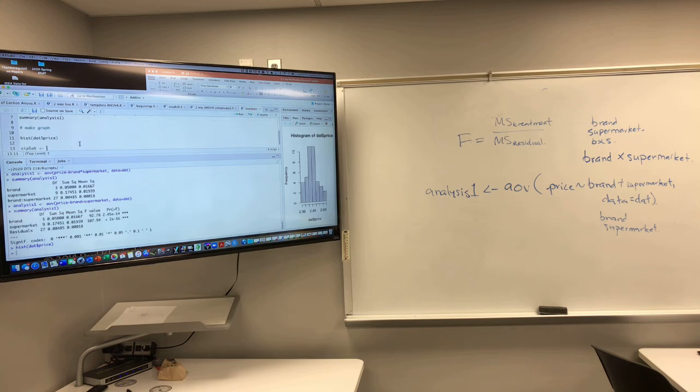How have we done this in the past? We want to do summarySE. What do we have to give summarySE? We have to give it the data frame, and then what do we have to give it? What's the measure variable in this case? Price. And remember to put it in quotes because whoever wrote this little routine put their variables in quotes. And then what do we need to do? Group variables. And then what are the group variables?